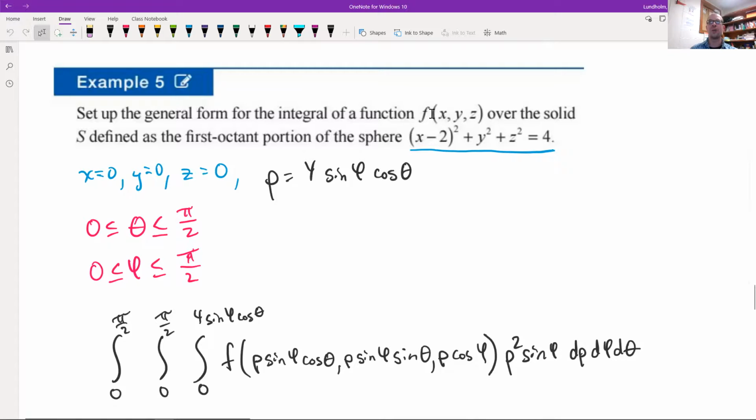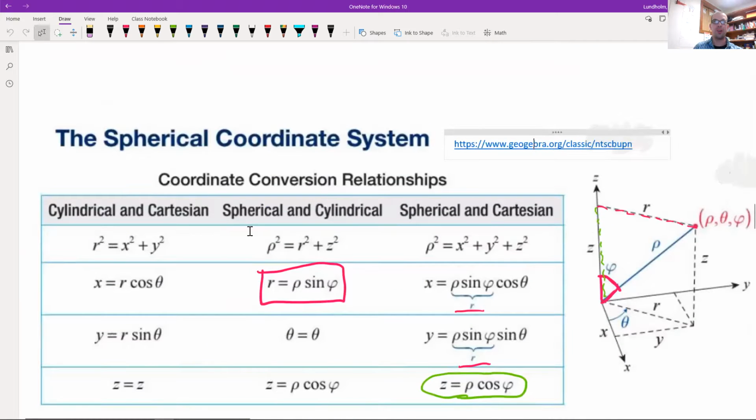Then, in the situation that you were given something in terms of x, y, and z, you would want to convert those x, y, and z values into rhos and phis and thetas. And these are the ways to get that. You don't have to memorize that entire chart that I kind of just glossed over here.